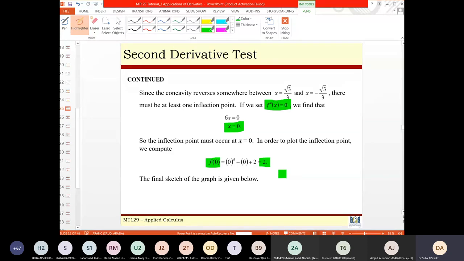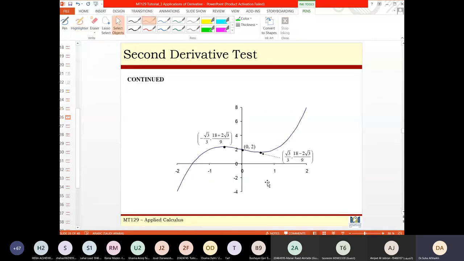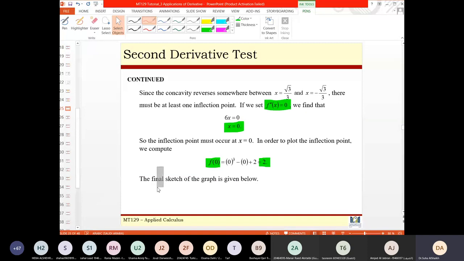Now to check if it is concave up or concave down. If you remember last time, we drew the number line, we put the point x equals 0, and we said now we are studying the sign of f double dash of x. We take a point before, -1, and a point after, +1, and check the sign of f double dash.